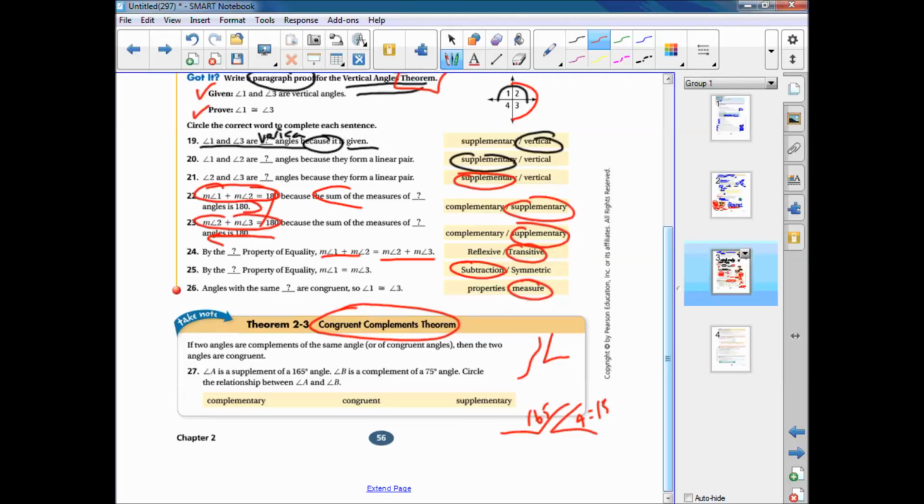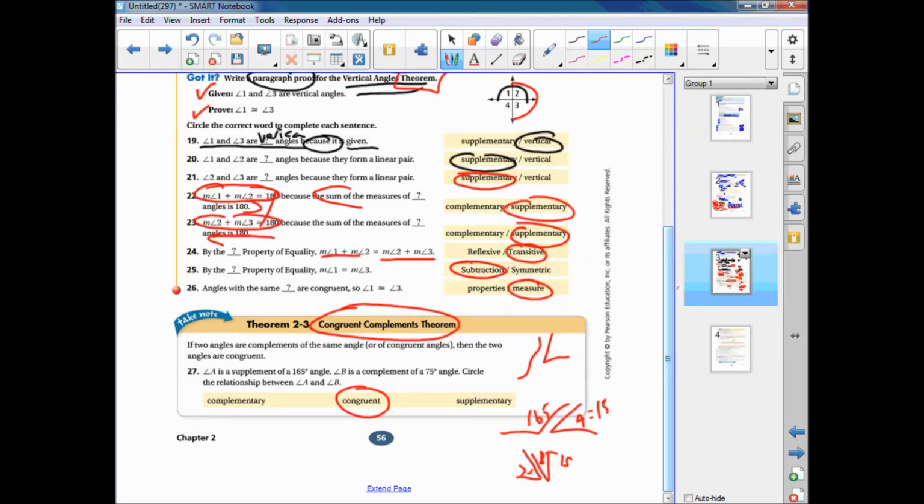And then we say angle B is the complement of a 75-degree angle. So we have a 75-degree angle, and angle B is right here, and they're complements, so that should be a 15-degree angle. All right. So circle the relationship between A and B. Well, A and B should be congruent, okay?